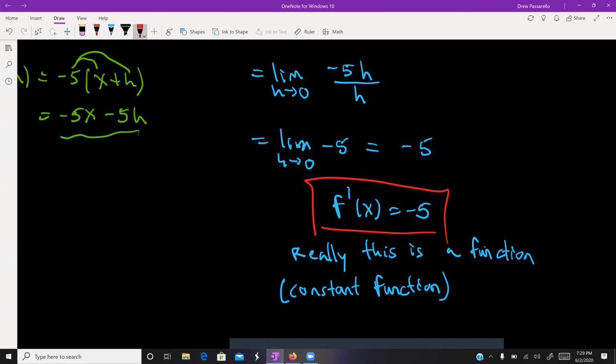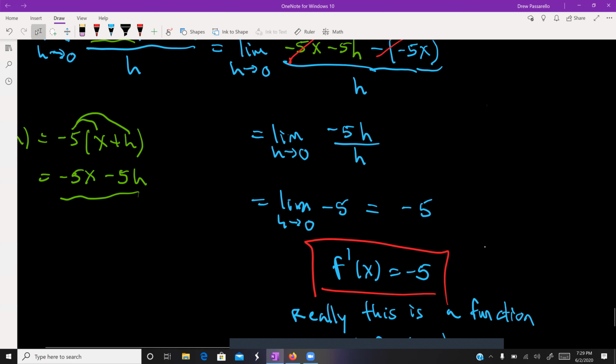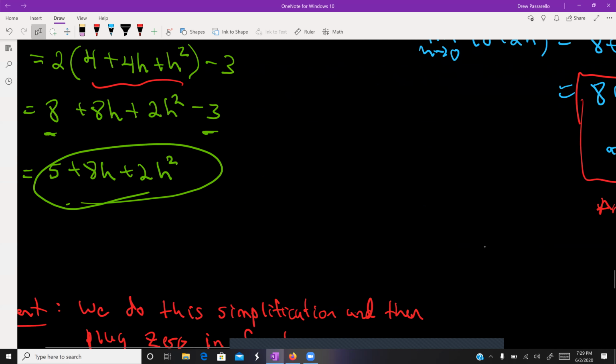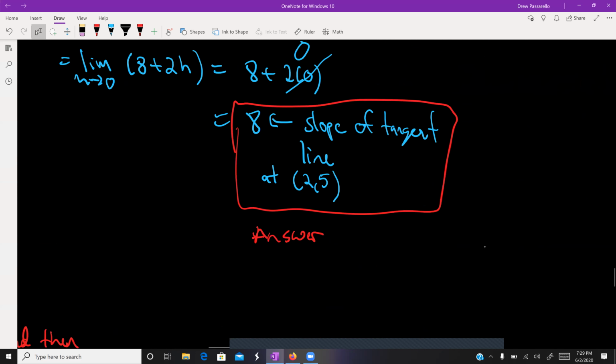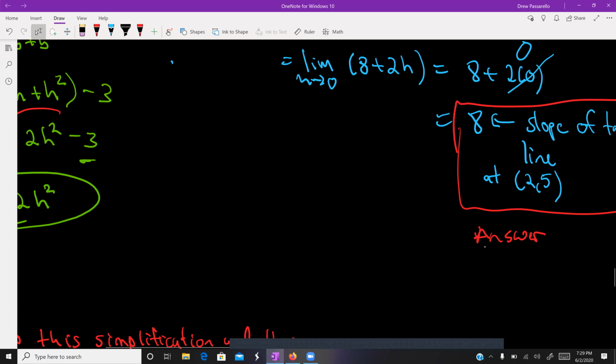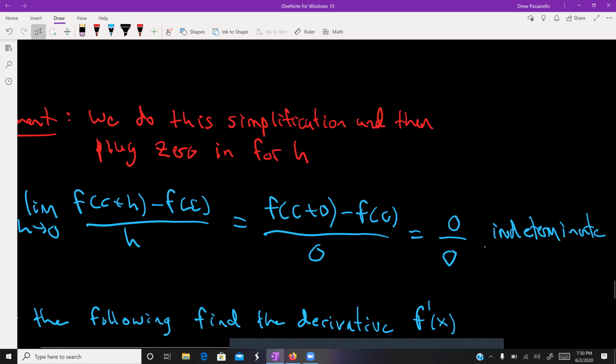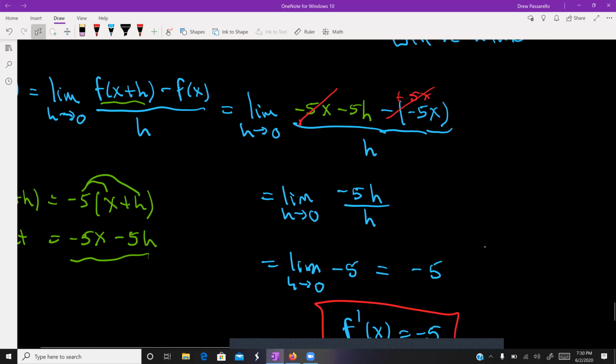And it did come out to be a particular value, -5, but the difference is that this is a function. Whereas earlier, when we were finding the slope, like here we got 8, that value is just a single value of 8 for the slope. Whereas we get a function when we find the derivative. And that distinction is important.